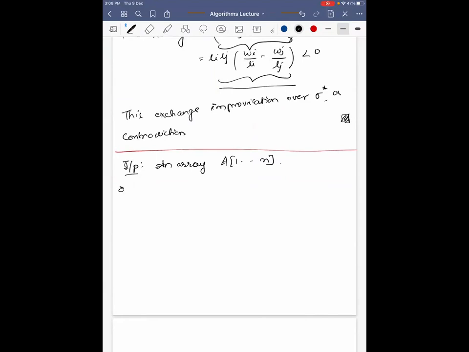Objective: to find the length of the longest increasing subsequence in A.